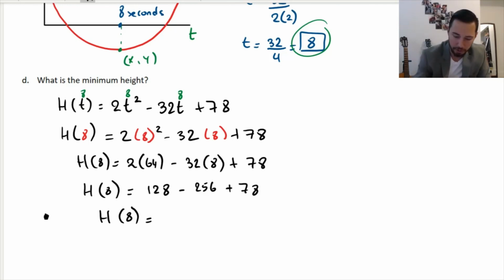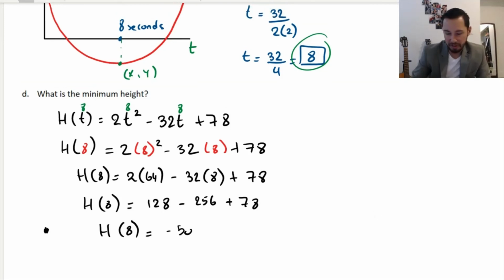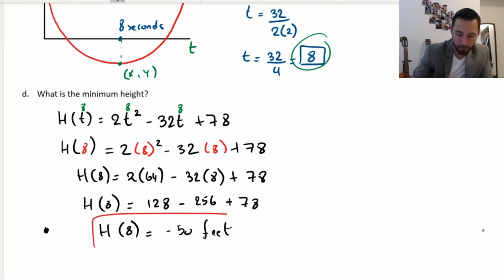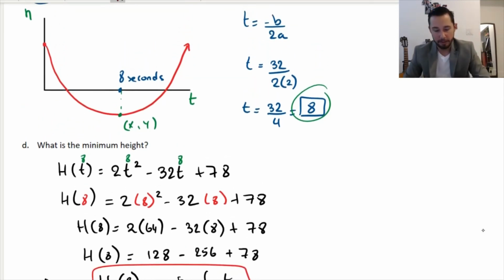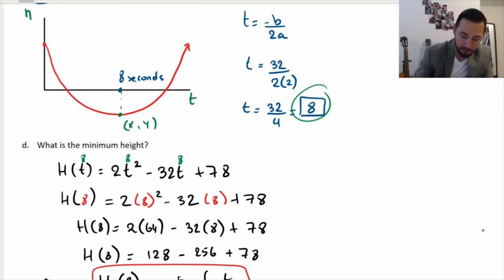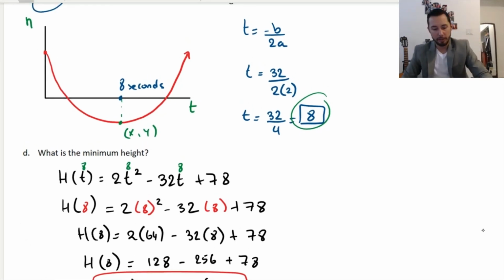Oh, so it'll be just negative 50. Does that make sense? Yes. So the height at 8 seconds is negative 50. In this case, it could be negative 50 feet for all I care. But I know that the maximum height, or in this case the minimum height, is going to be negative 50.